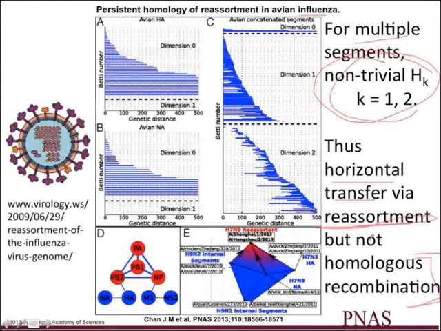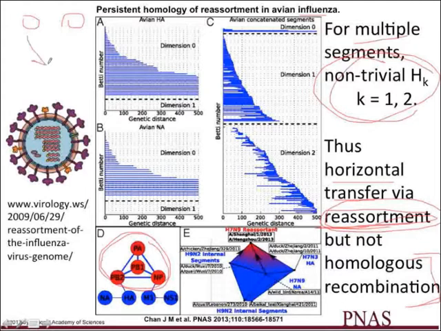We also noticed last time that in terms of this reassortment, you don't just get an arbitrary reassortment. So we saw that these segments got grouped together, meaning that if we have our two viruses and we create then that third virus via this reticulation event, via reassortment, if PB1 came from one virus, well, then PB2 is likely to come from that same virus.